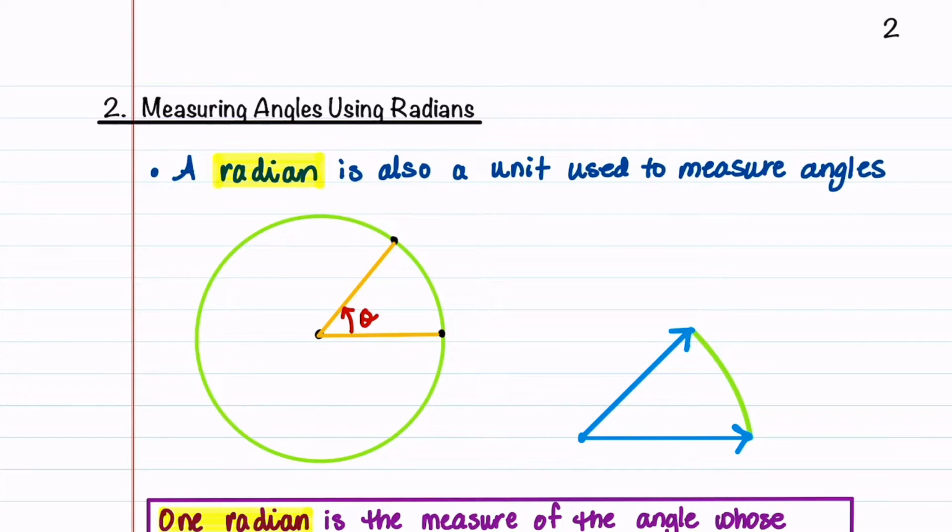The initial side of the angle is the radius of the circle, and let's go ahead and draw that in blue. In this picture, I've made angle theta so that the length of the corresponding arc is the same as the length of the radius. So let's also notate that in blue.